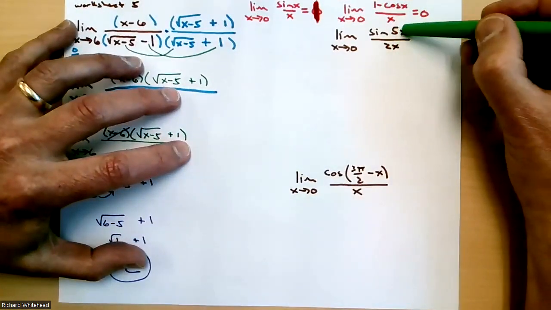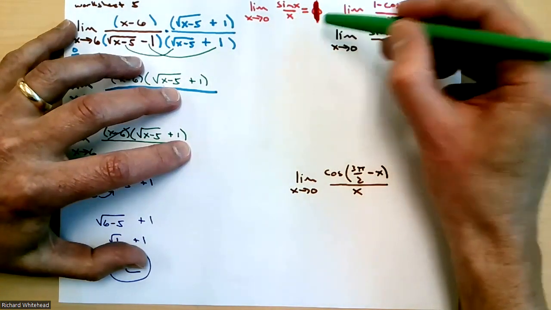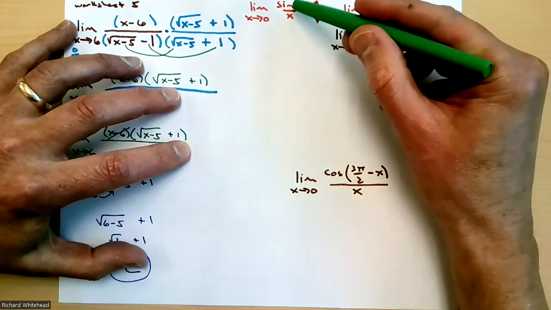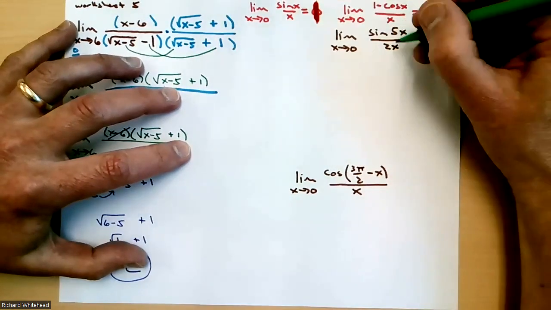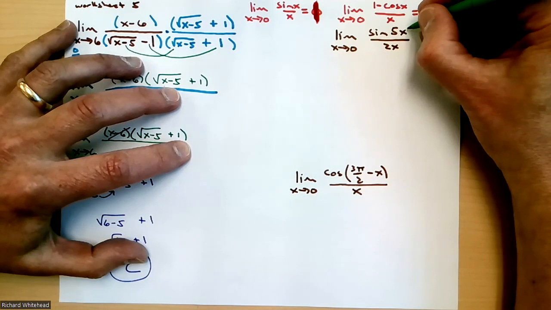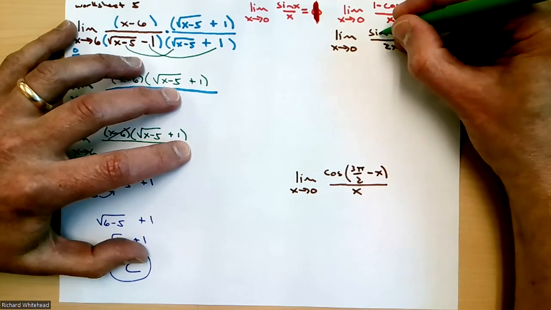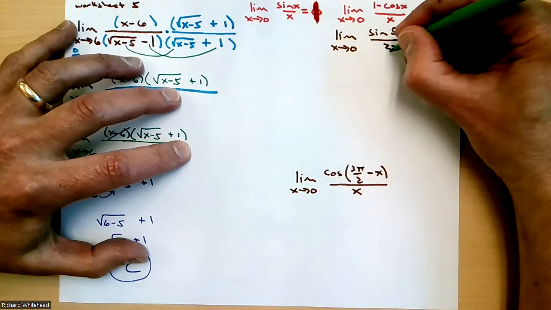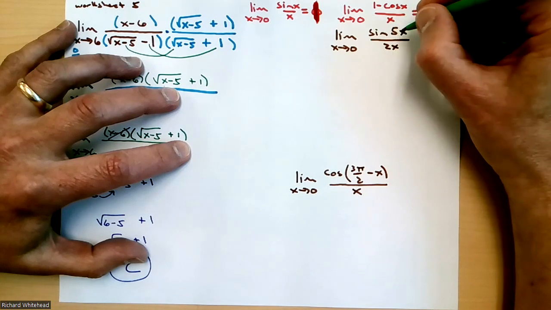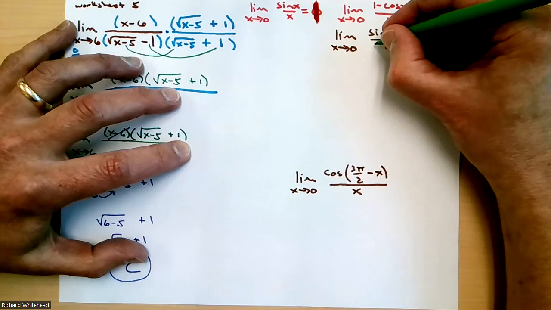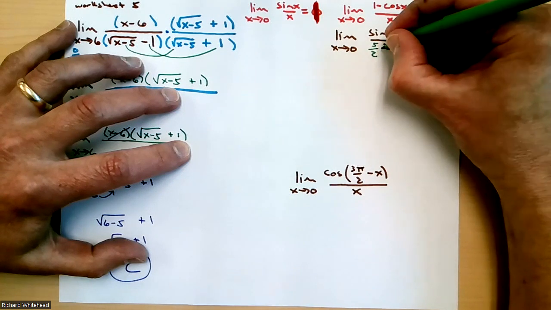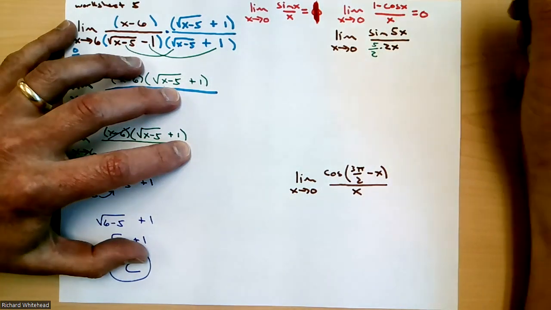If these two guys are the same, then the whole thing is just going to equal 1. See, it doesn't matter. It just says x. So it doesn't matter as long as these are the same. So you're saying, well, that 5x is trapped inside the sine function. So if I could turn this into a 5, then it would be sine of 5x over 5x, and it would equal 1. So to turn that 2 into a 5, I need to multiply by 5/2.